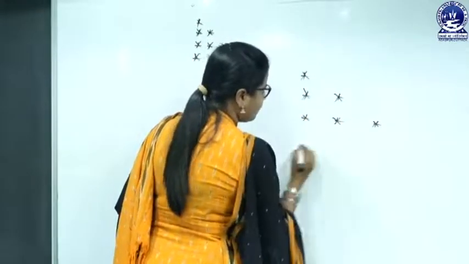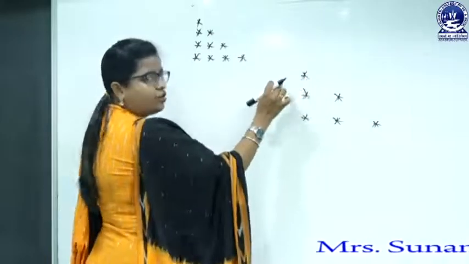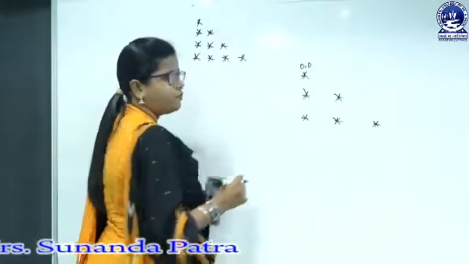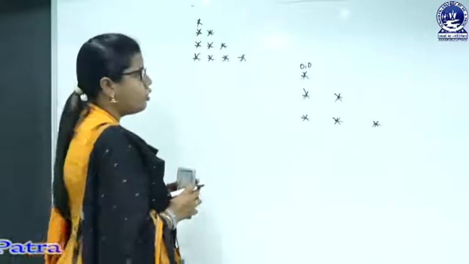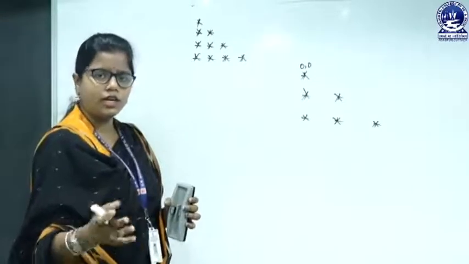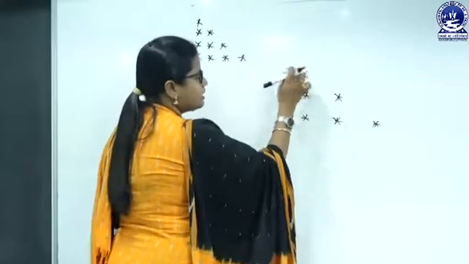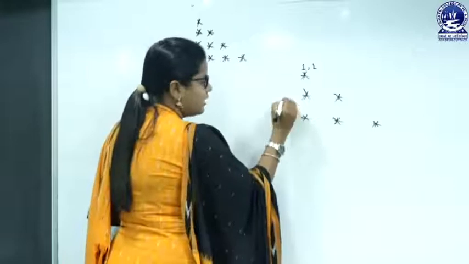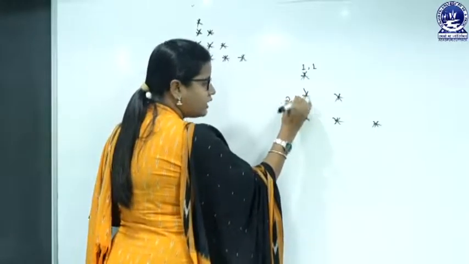Suppose this one. So here is which row and which column, that is 0, 0: the 0th row and 0th column. Or you can start the row and column from 1. Suppose here is 1, 1, the first row and the first column. Here is the second row and the first column.